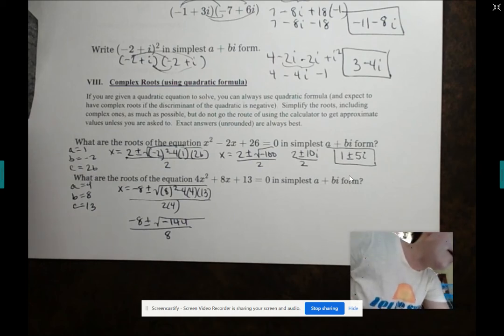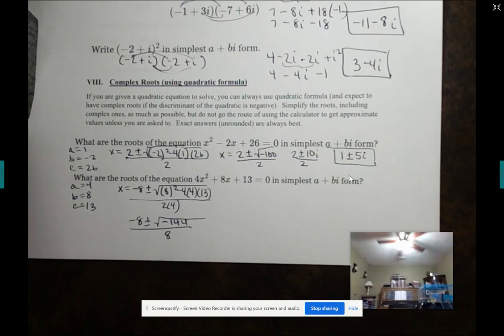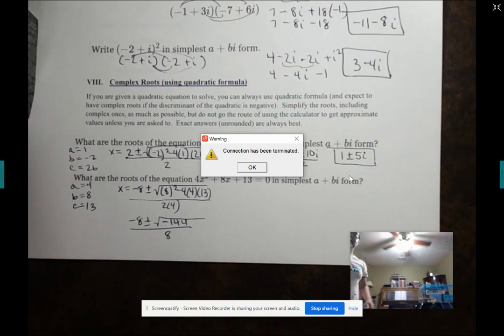I'm about to lose my power. Just give me a second. Hope that I don't unplug the wrong one. And of course I did. I unplugged the wrong one.